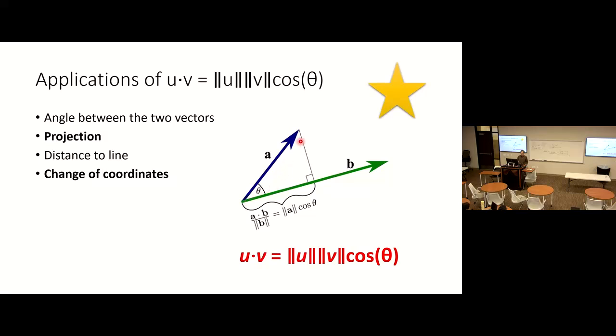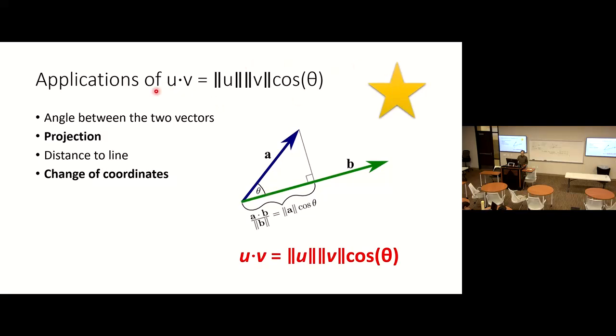After rotation, in order to compute the new coordinate x for A, you need to project this onto B. So this projection can be computed as the magnitude of A, the norm, how long this bar is, times cosine theta.